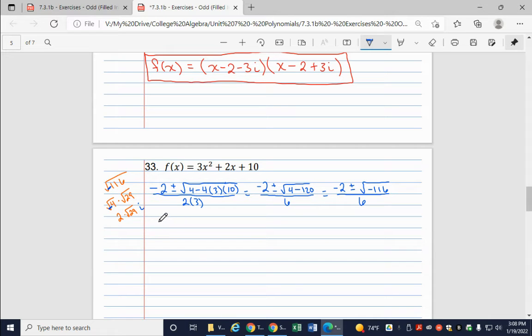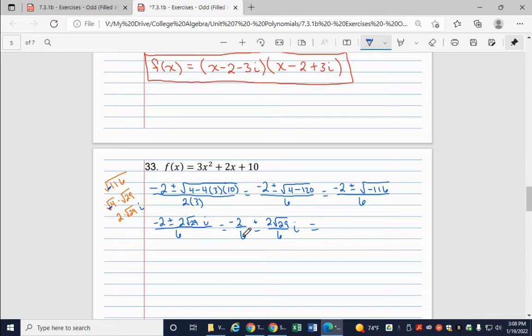So I end up with negative 2 plus or minus 2 square root of 29 i over 6. And now I'm going to divide it into my two fractions. Negative 2 sixths plus or minus 2 square root of 29 over 6 i.